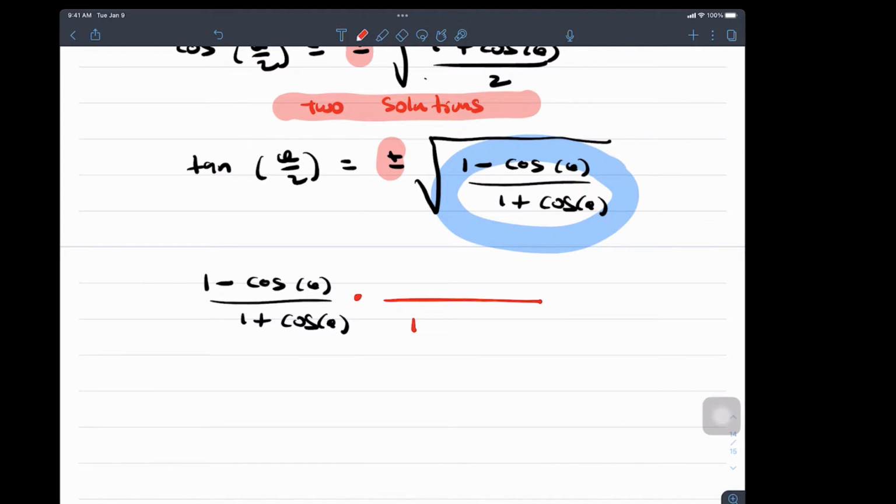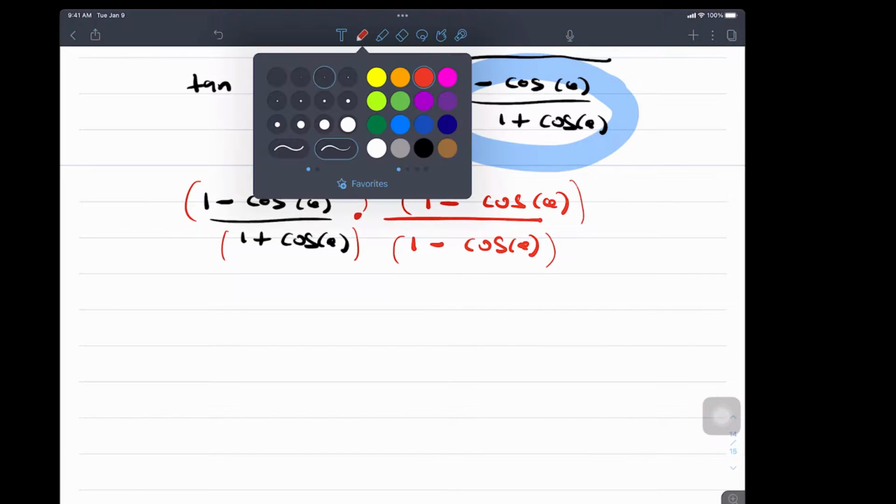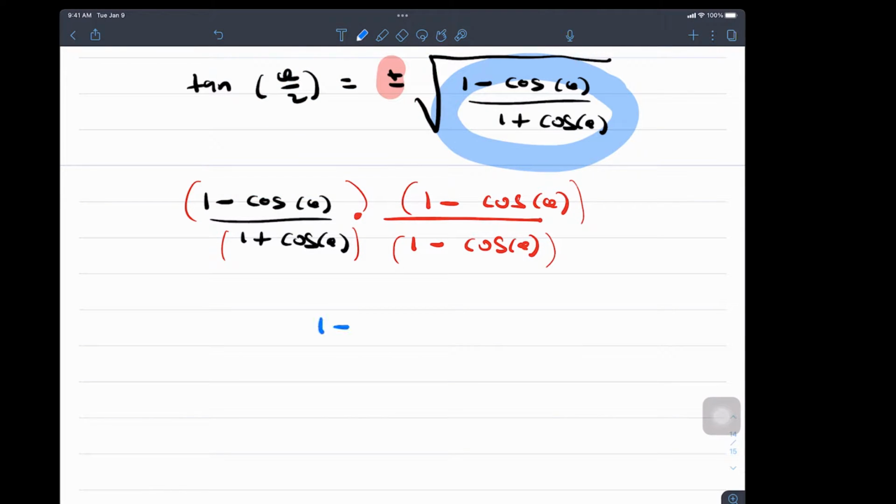I'm going to use the conjugate here, the conjugate of the denominator, so you can be aware of this. Just focusing on that portion here. On top, you get what? 1 minus cosine theta, now to the second power. On the bottom, we get 1 minus cosine squared theta.